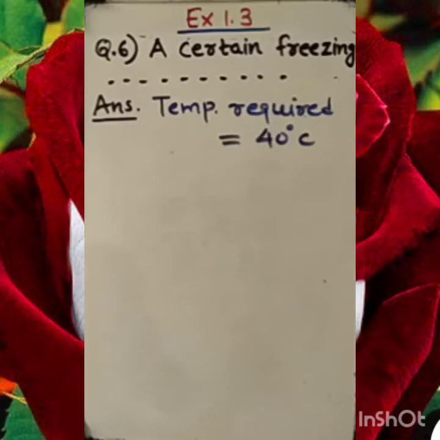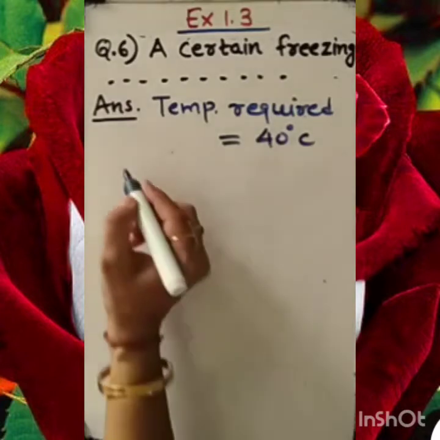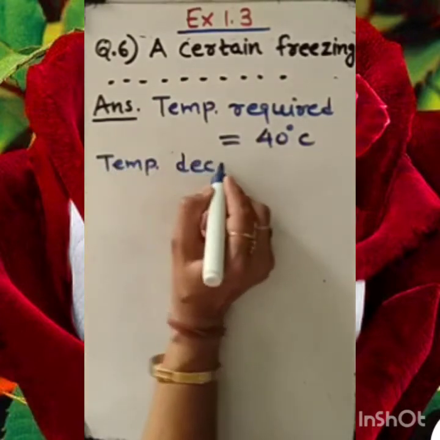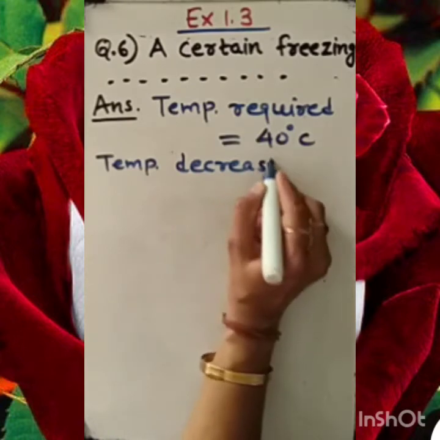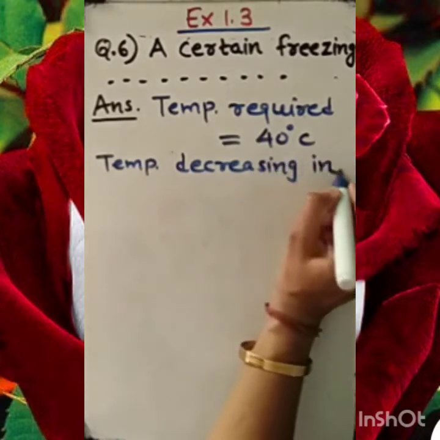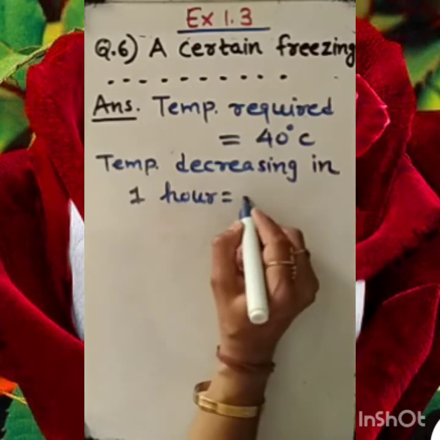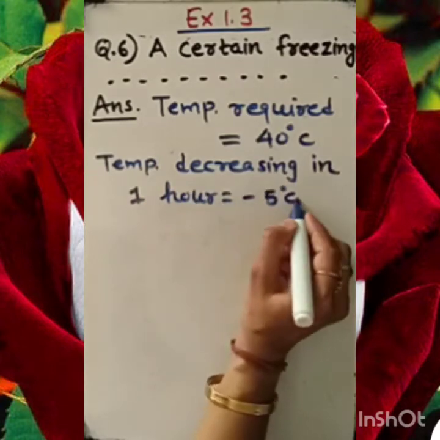Now temperature decreasing. So temperature decreasing in every hour, in 1 hour, that is minus 5 degrees Celsius. Okay.